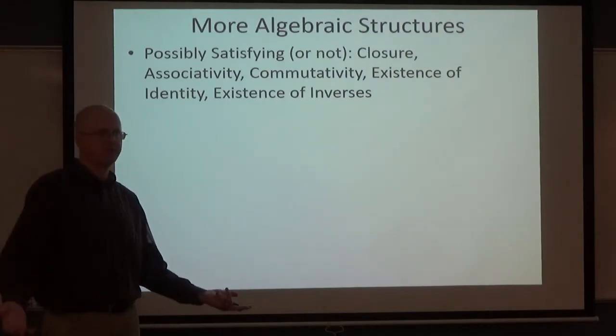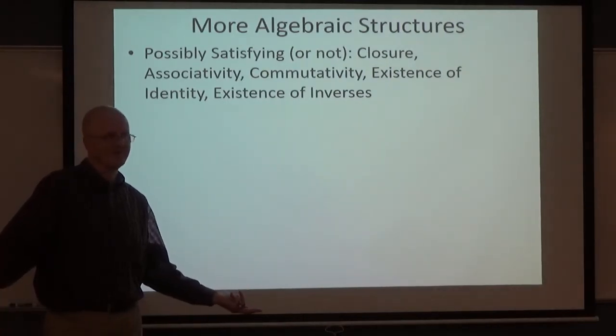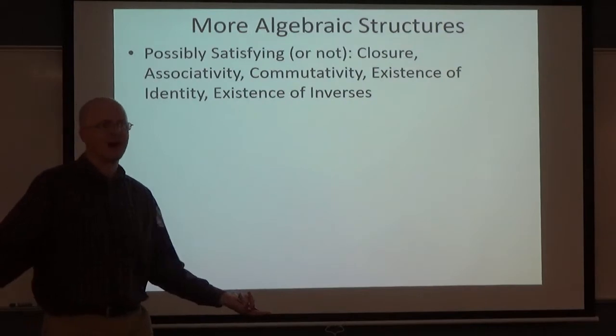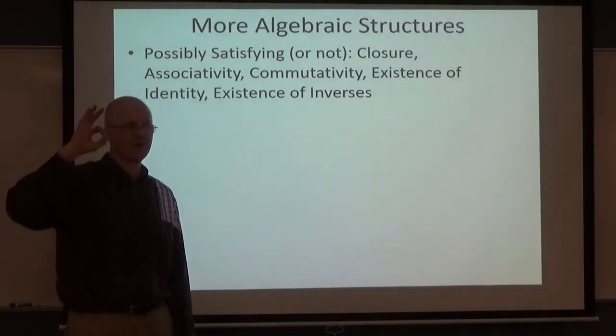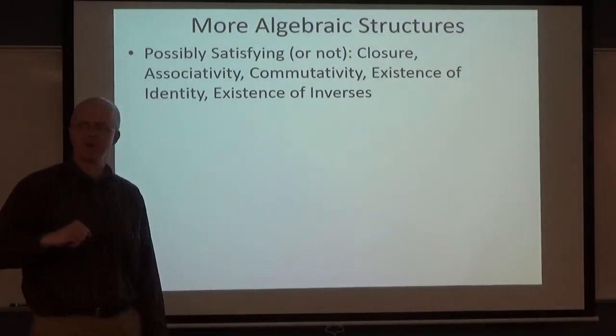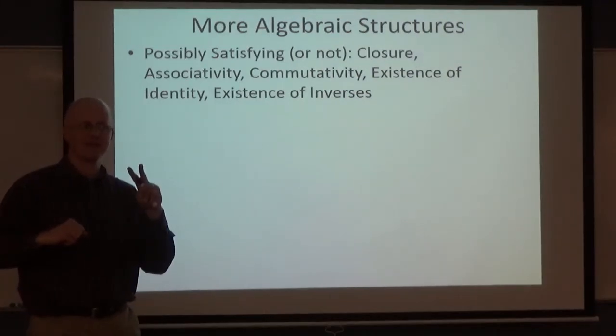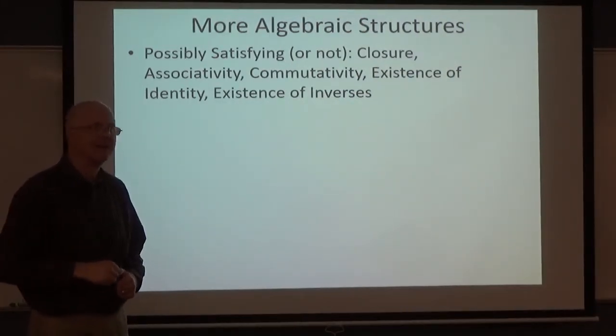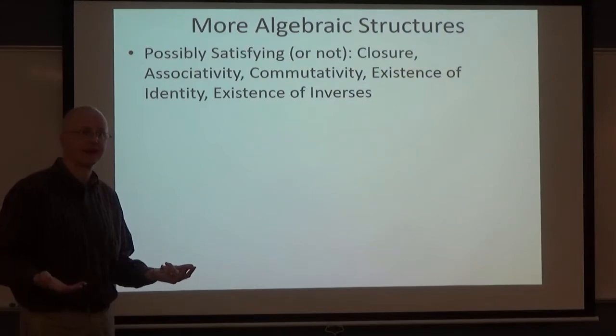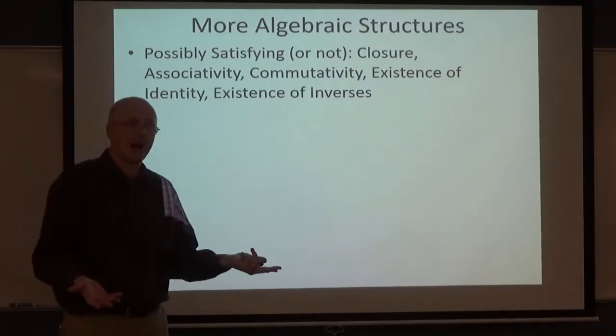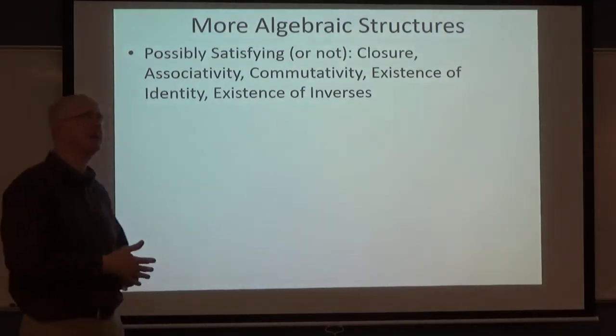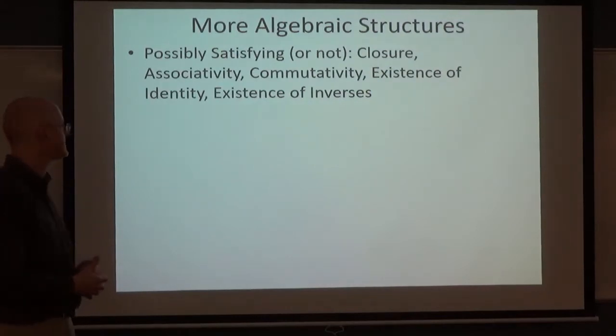What properties of a group did they not satisfy? There was not, for example, 0. What did I call 0? Two words. Additive identity. 0 is not a natural number, so there's not an additive identity in there. There are also not additive inverses. -2, for example, is not a natural number.